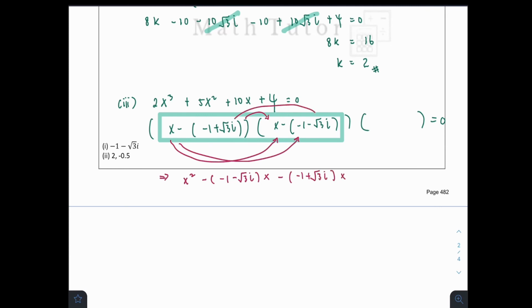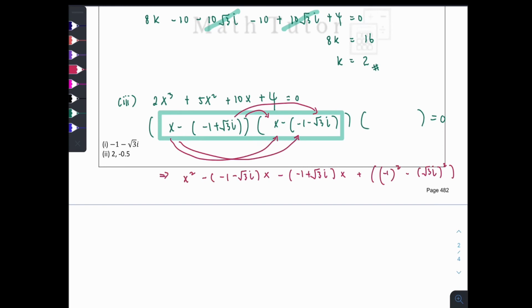And the last one, notice that this is like (a plus b) times (a minus b), so we will have a squared minus b squared, which is (-1) squared minus (square root 3i) squared. But of course you can choose to expand it one by one.